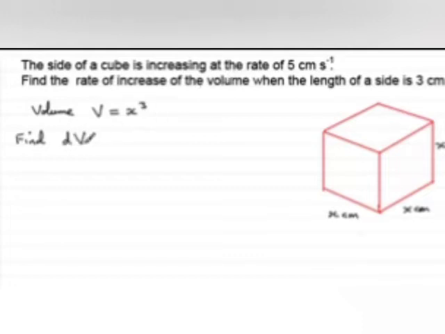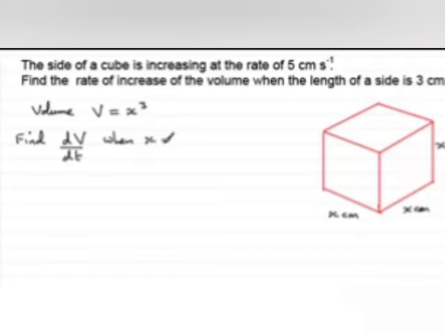Now let's analyze the question. Let's look at the analysis we have concerning the question. We have dV/dt. That's what we are looking for. Find the rate of increase of volume, which is dV/dt. When we say rate of increase of the volume, that's dV/dt.